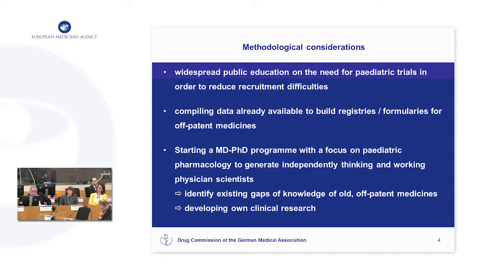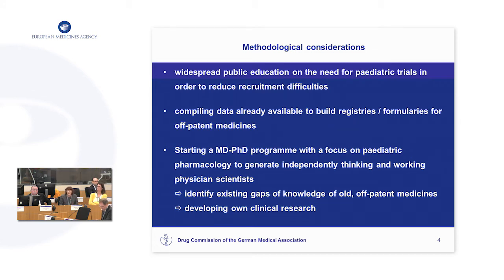I would start with a third point, maybe a public-funded program with focus in pediatric pharmacology for young scientist physicians would improve their knowledge, and thus they could, based on their clinical expertise and with their pharmacological training, identify further gaps of knowledge in old medicines and also develop their own clinical research independent from industry and independent from the thinking coming from adults to children.